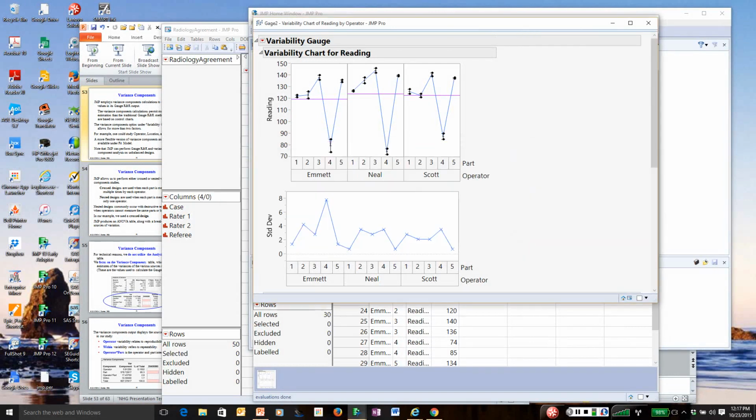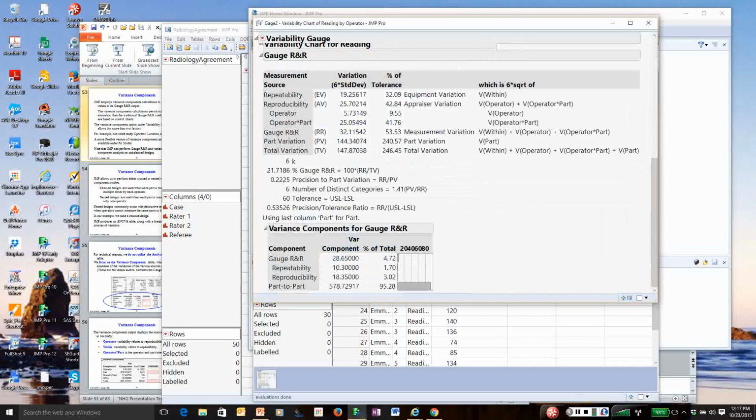Click OK, and notice that we're given the study variation, which is 6 times the standard deviation for each of the variance components. So we have the repeatability component, the reproducibility component, which can be further divided up into operator and operator by part, and we have part variation and total gauge variation.